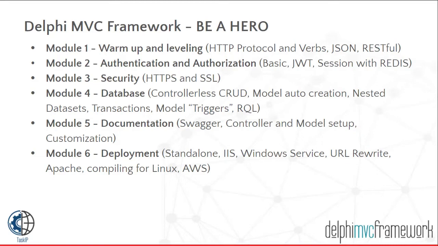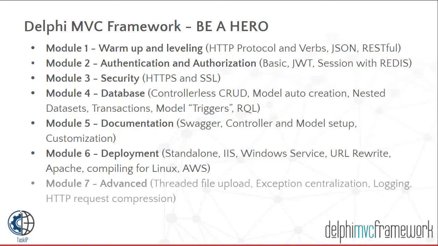And module 7 is the advanced module already, and we will talk about really interesting stuff there. We'll talk about threaded file upload, where you upload a file to your API, and this upload will run in a separate thread. It's non-blocking.